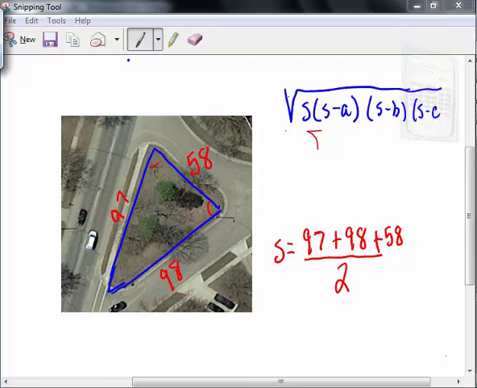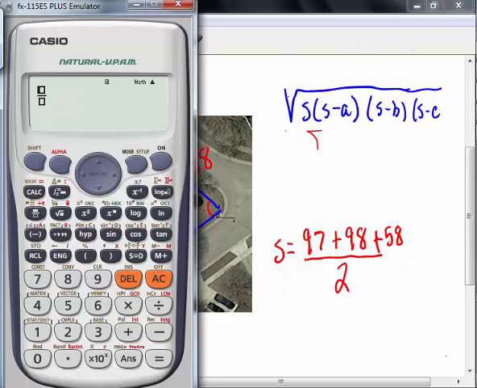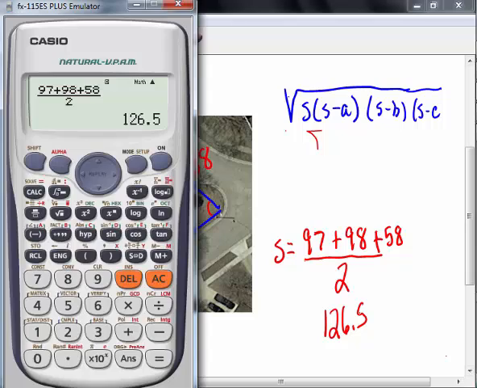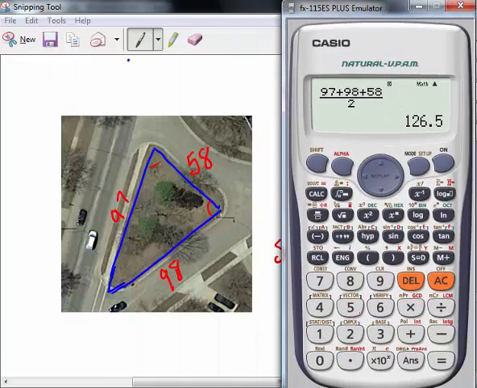So we do that on our calculator. 97 plus 98 plus 58 divided by 2. And so the semi-perimeter is 126.5.